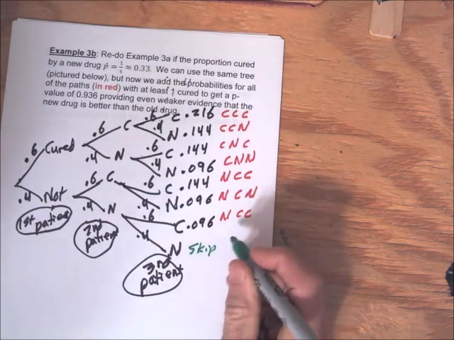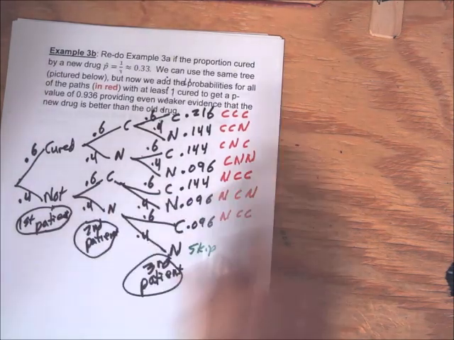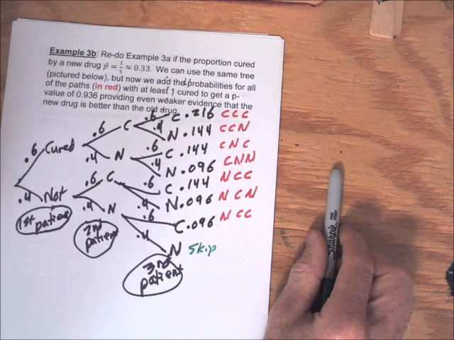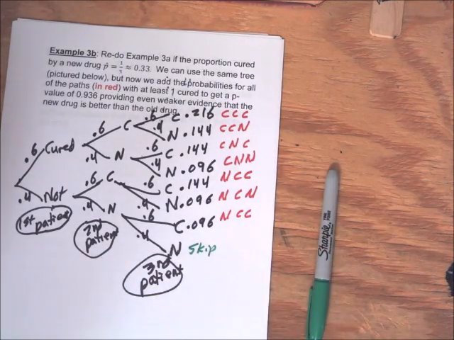So if we add these up, it gives our p-value of, let's see, 0.216 plus 3 times 0.144 plus 3 times 0.096.